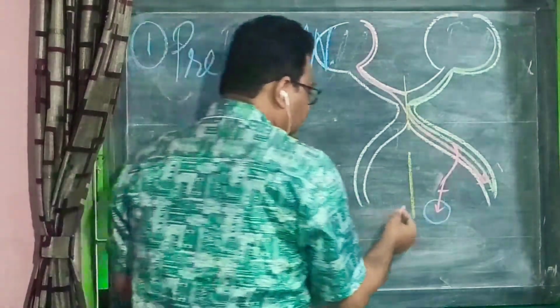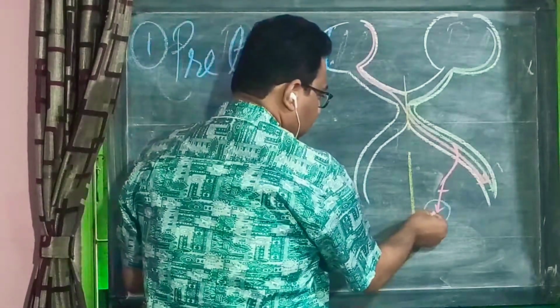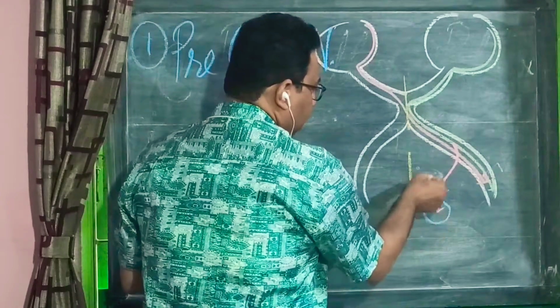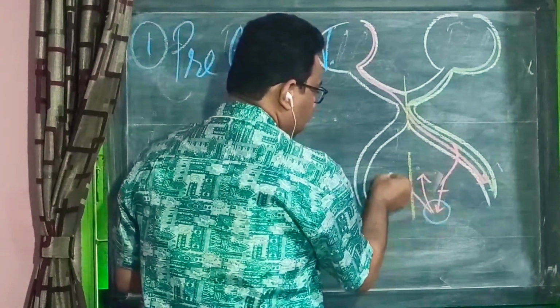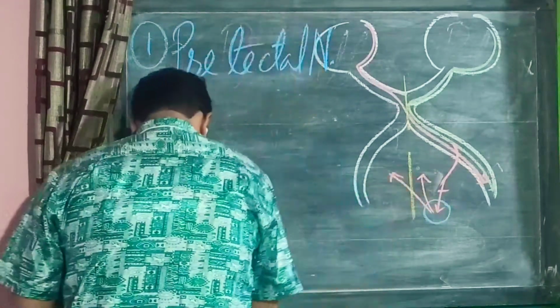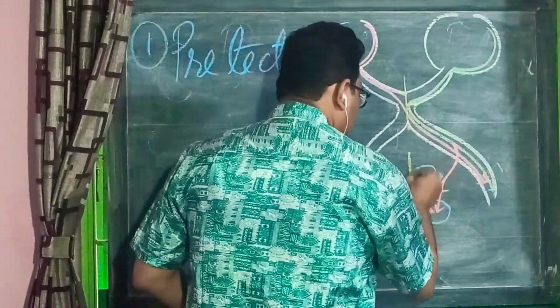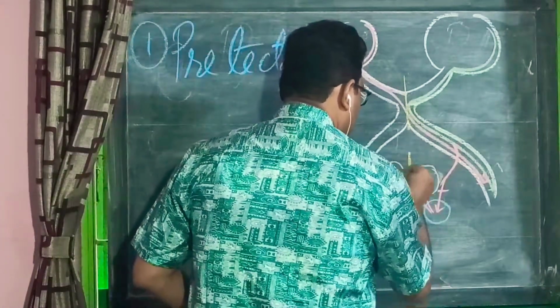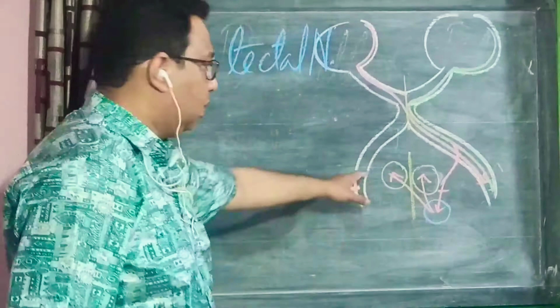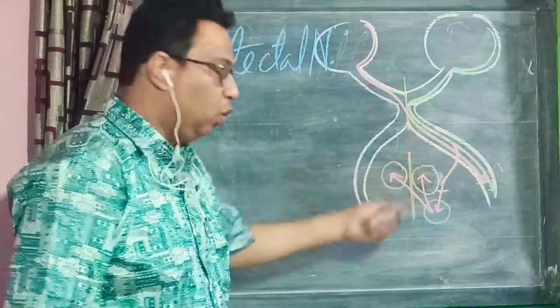Now the pretectum will supply the Edinger-Westphal nuclei on both sides.